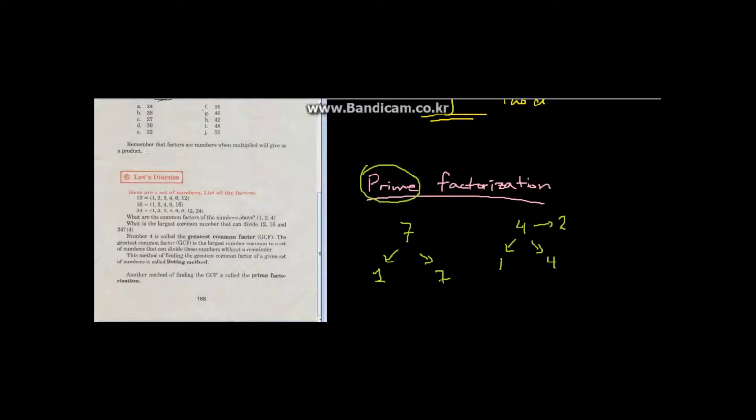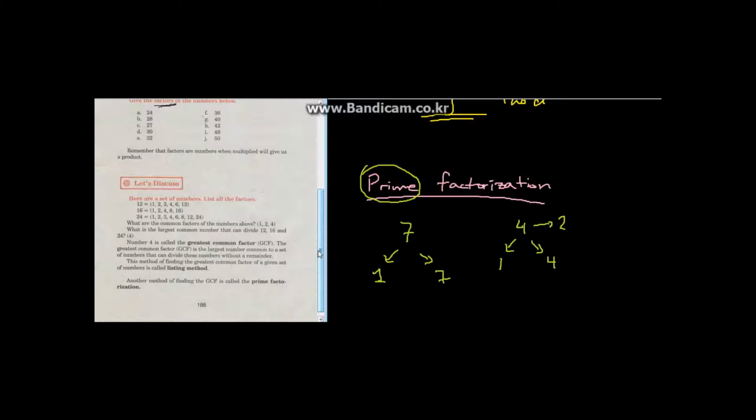Prime factorization is on the next page. I'm going to use the prime factorization method to find the greatest common factor. So let's see. 12 is 2 times 2 times 3.